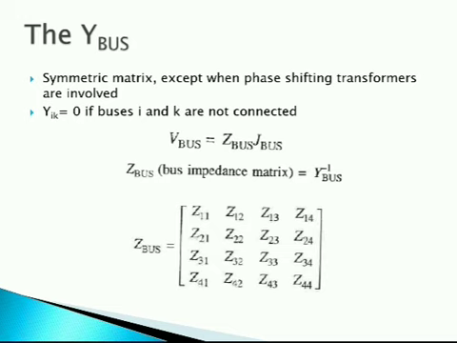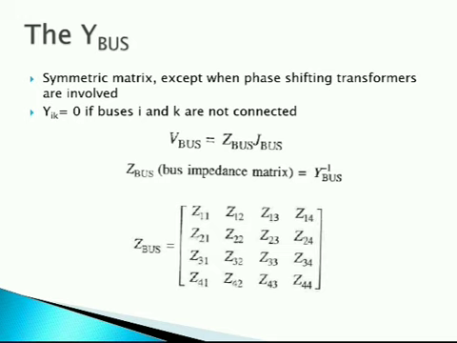But if you use Z bus, then you have to write infinity. So that is the reason why this Y bus is utilized. Or with Z bus, you have to change the matrix in order to accommodate all those lines that are not connected between bus I and bus K.